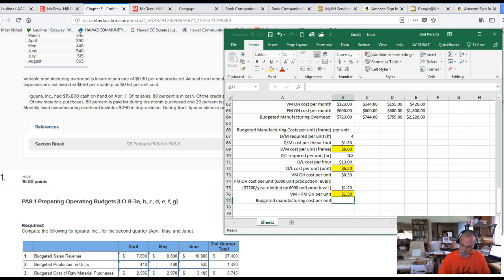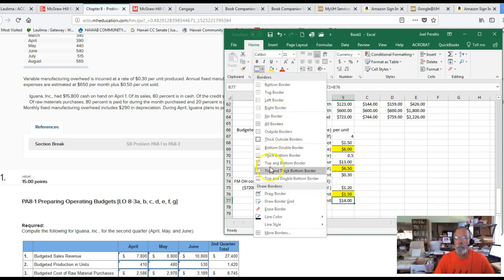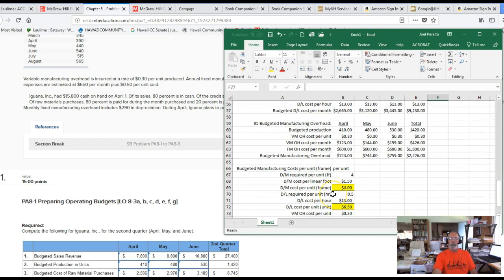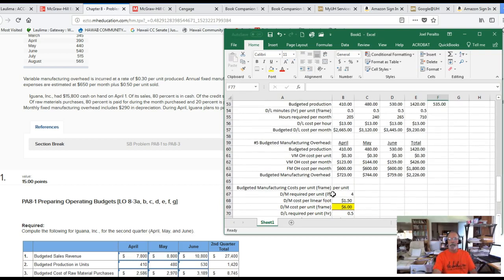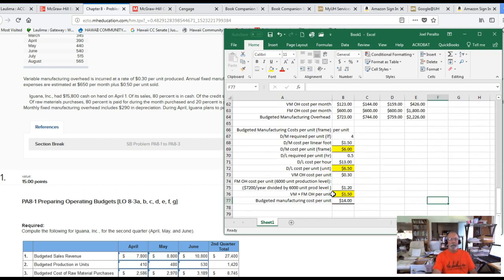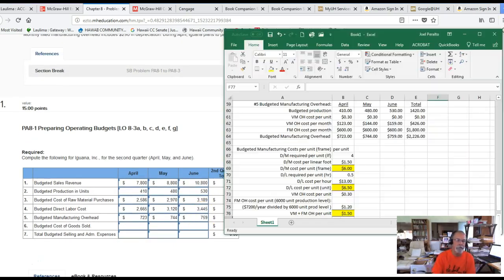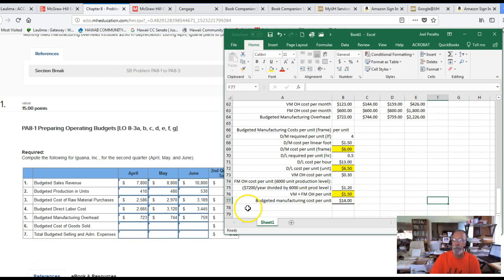Okay, so if we add the 3 plus, okay, $14 per unit. And what again are we calculating? Budgeted cost of goods sold. So number 6.